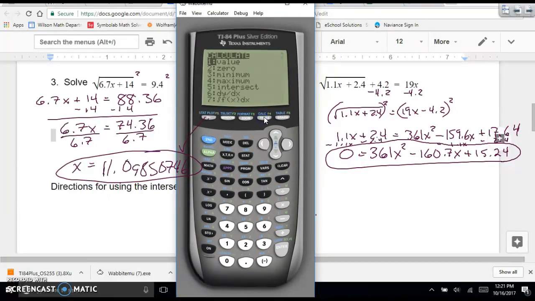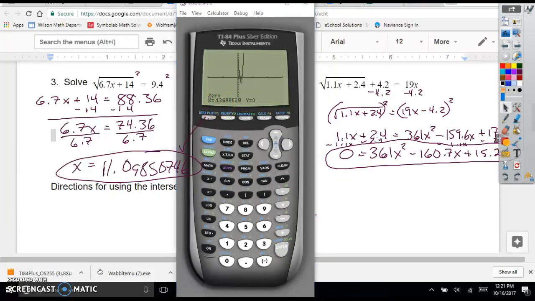So second calc, I got my zeros. Let's go left bound. Okay, that's on the left side of the first one. That's on the right side. So my first intersection is at 0.136995 29. That's my first x value. Let's find our second zero value.